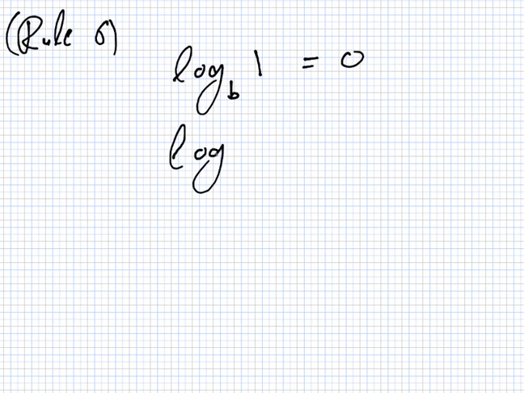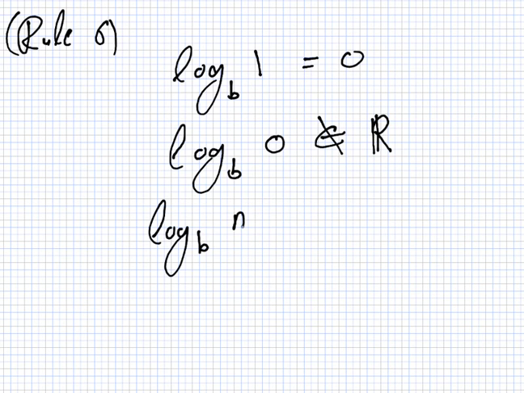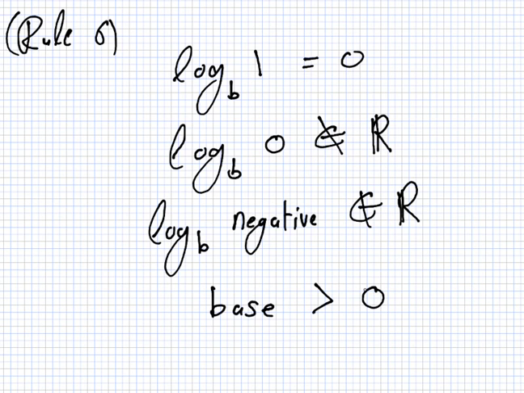Can you have log of 0? No. So that's not a real number. And what about logs of negative numbers? Not allowed also. And also, it's normal for us to keep the base positive and not 0.